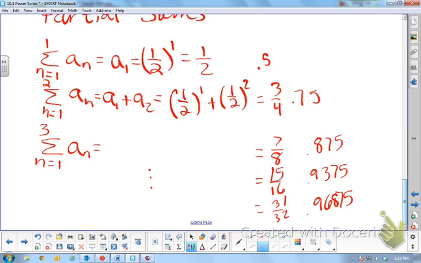So we have three things. We have the sequence itself, 1/2, 1/4, 1/8. We have the series itself, 1/2 plus 1/4 plus 1/8 plus 1/16. And we have a sequence of the partial sums. So it's a lot, especially since we're hearing it for the first time.